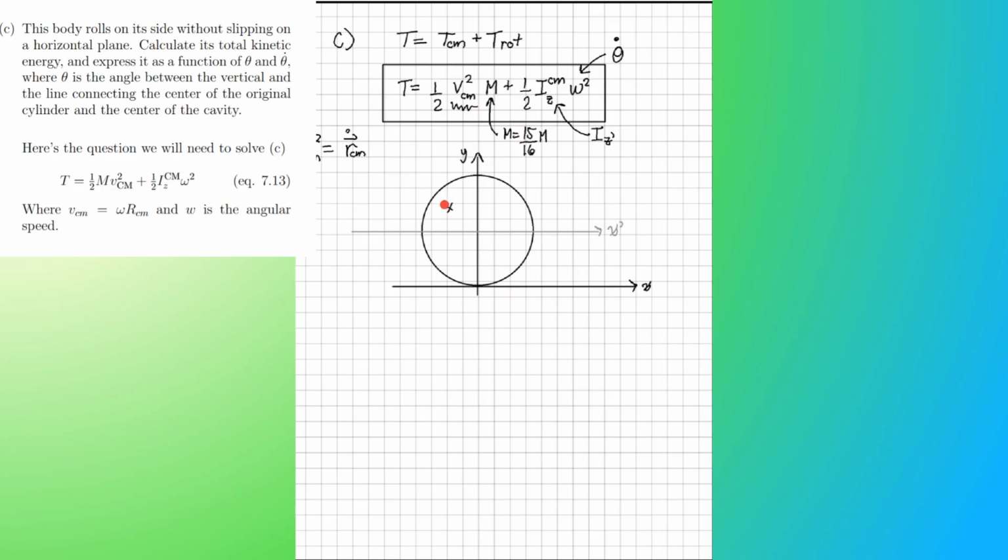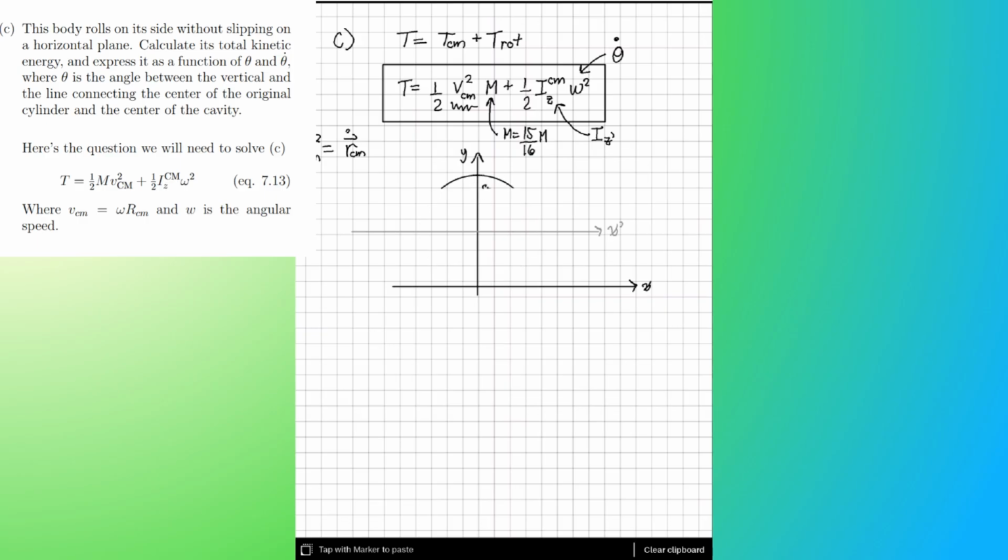So the center of mass is about here, and this is the geometrical center of our cylinder. So when it's rolling, the center of mass will move up and down on the y-axis.